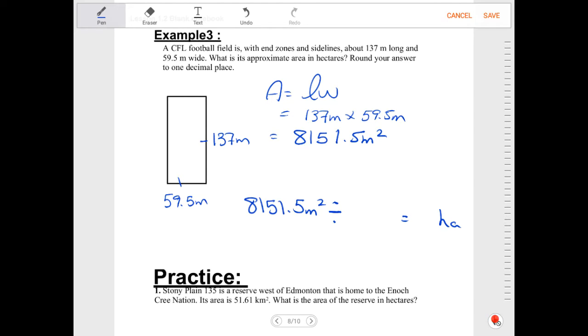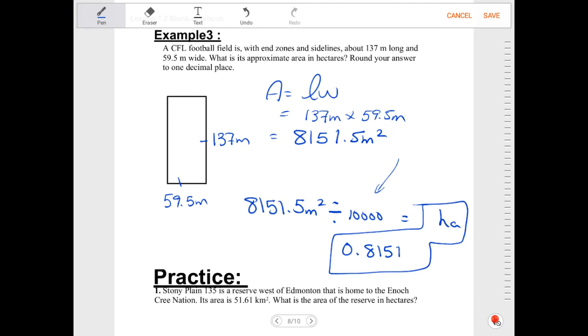This is a bit of a step, we're going to have to move by 10,000. So we divide by 10,000 in this case, and that's going to give us 0.8151 hectares. I don't have the conversion table attached to this video, but I'm hoping you can see where I got this 10,000 from. Can you see how many steps of 10 I'm doing in that case?